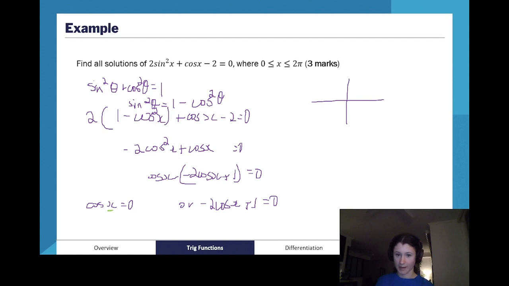I mean our x value on the unit circle, right? So these are going to be 0 on the y-axis, right? So the angles are going to be pi on 2 and 3 pi on 2.